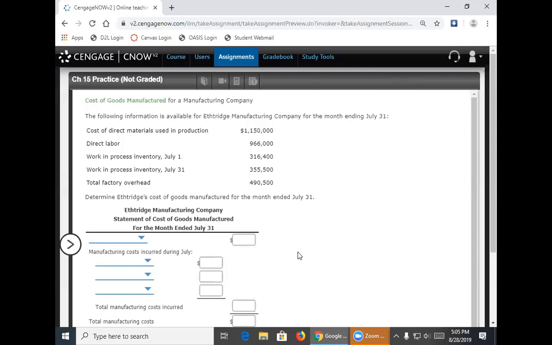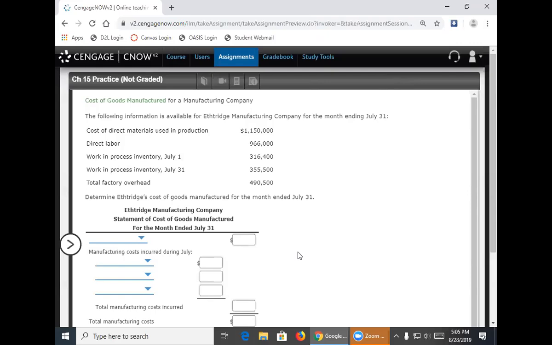And then we added in direct materials, and they gave us that 1,150,000. And then we add in direct labor, which is 966,000. And then we add in factory overhead, 490,500.